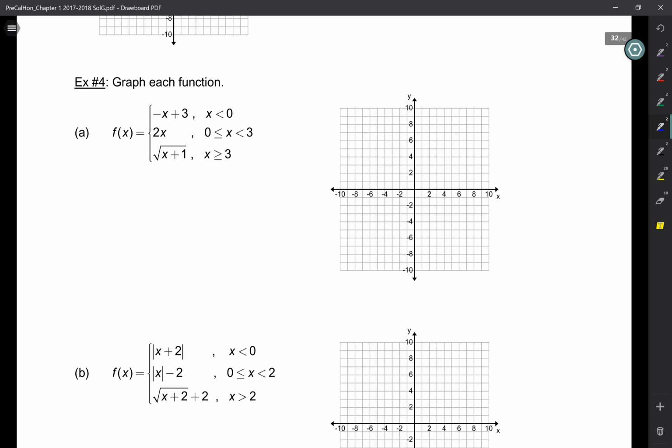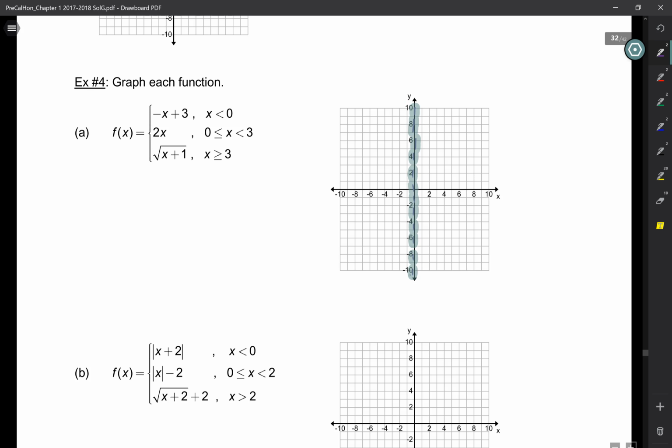Okay, so let's graph these. X equals 0. Hey, I have a partition. And then I have another one at x equals 3. So now I'm going to graph these. You know what?